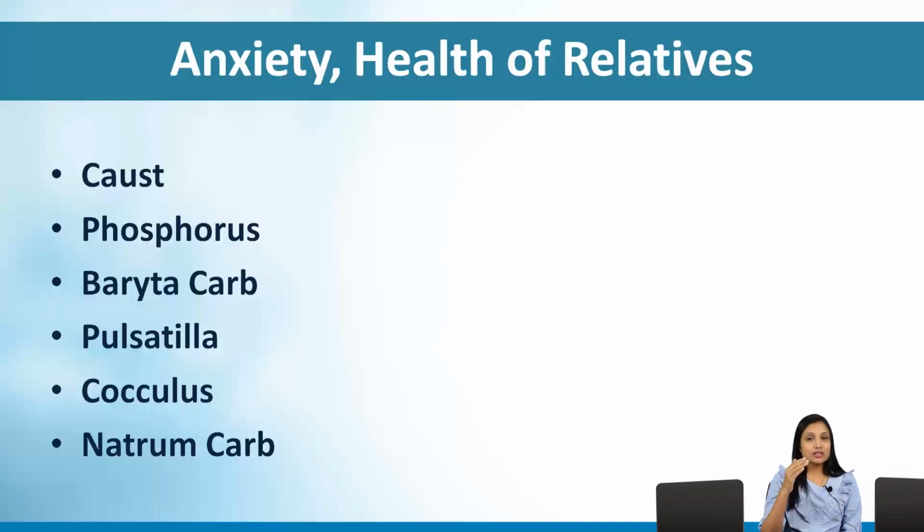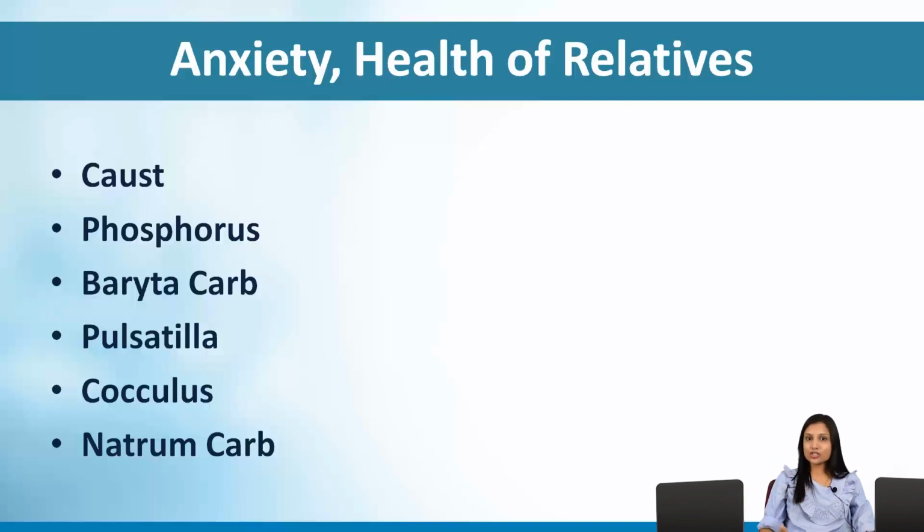Okay, but the sympathy of Phosphorus is an actual genuine sympathy, because they have a sympathy and they have an empathy. Okay, they actually feel the suffering of the opposite person, and that is why Phosphorus has a genuine anxiety for the health of their relatives, because they can feel the anxiety of the opposite person.